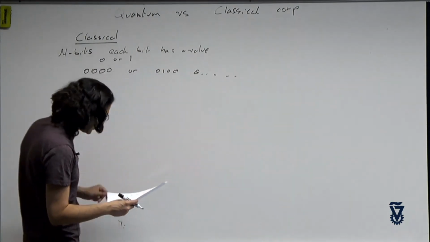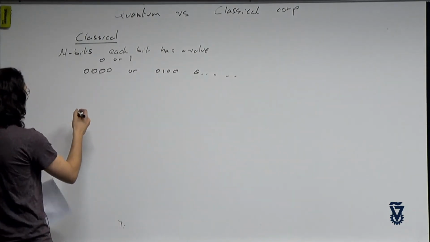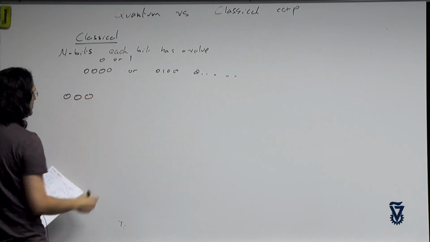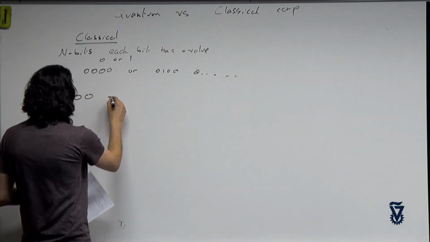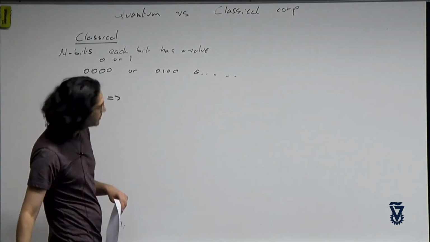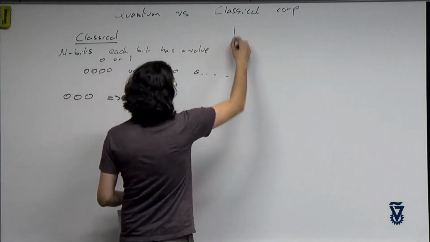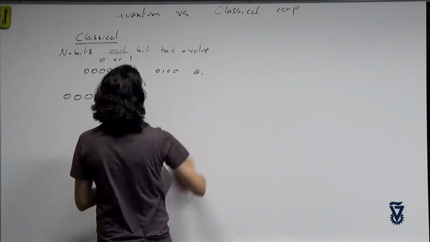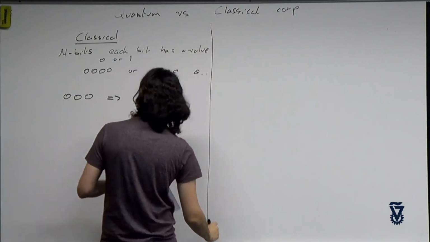And the way you do a computation is you take a register, let's say a register of 3 bits, and you will input that register. Maybe I'll cut the board like this so I don't undo the quantum keys. Yeah, like that.